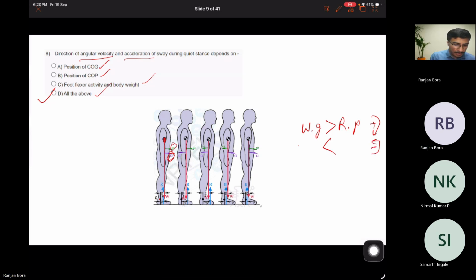So it depends on position of COG, position of COP, and also these weight parameters. So it depends on all. But they have mentioned that it is a quiet stance. So why are we taking the angular velocity into consideration, not the normal velocity?